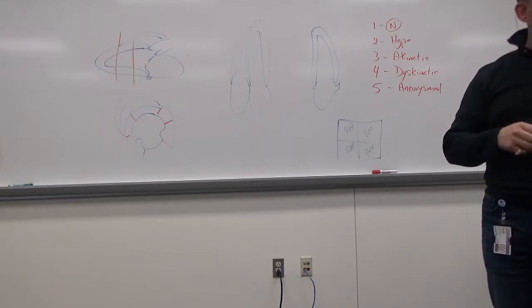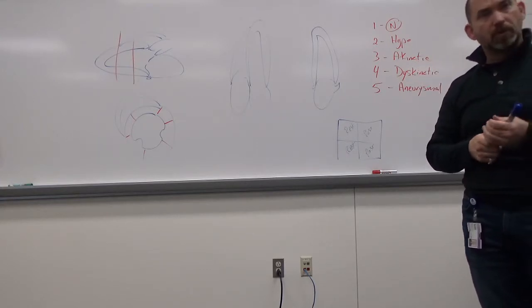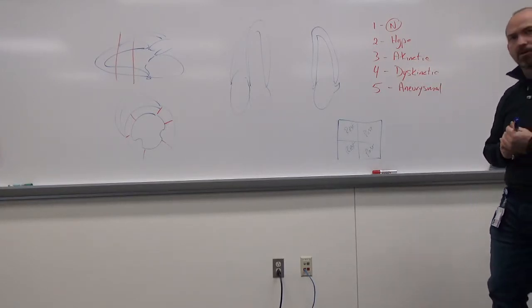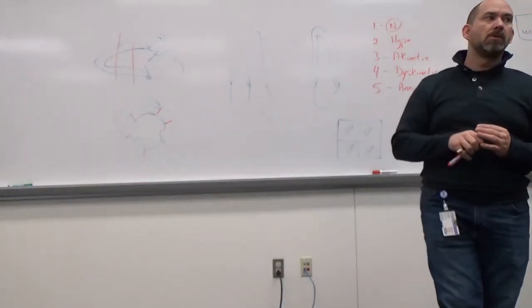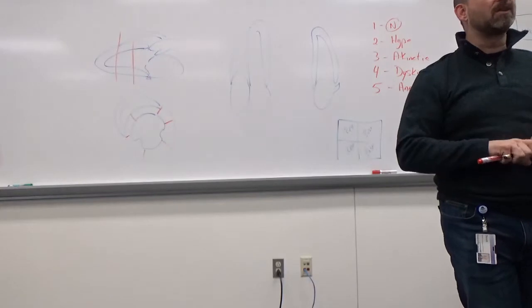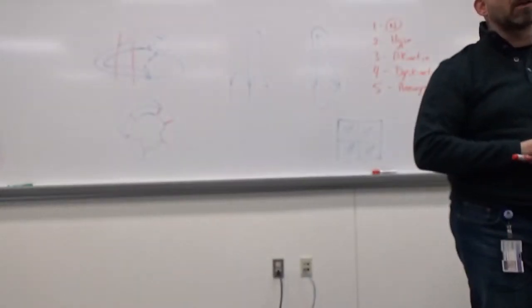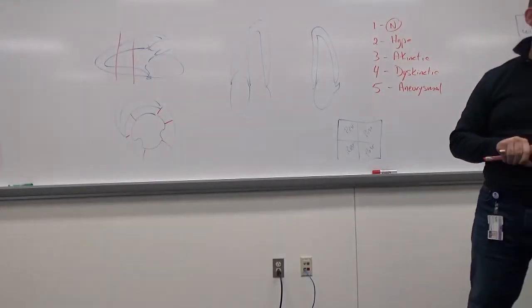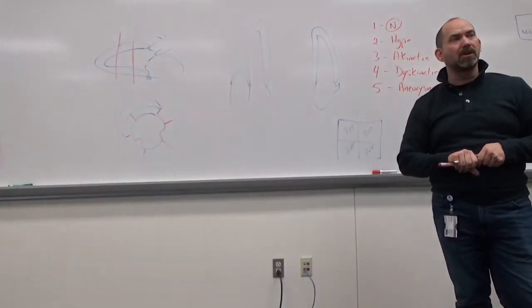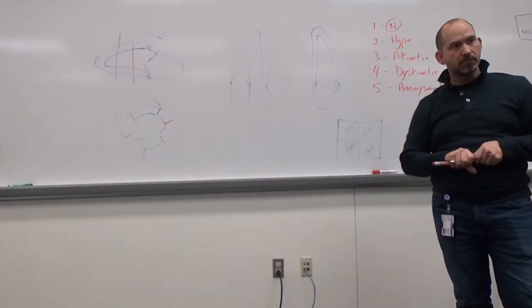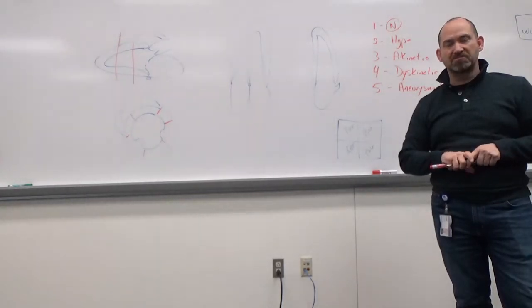These contrast bubbles are much, much smaller. Do you guys know roughly what the size of a human capillary is? It's in microns. It's like 5 to 7 microns in diameter. What's the size of a human red blood cell? This is on the test.